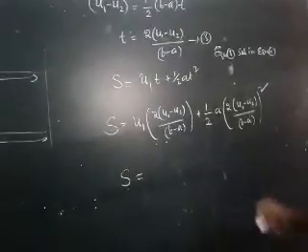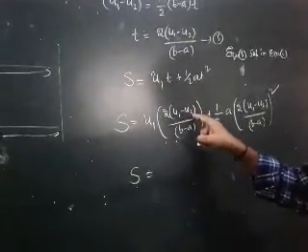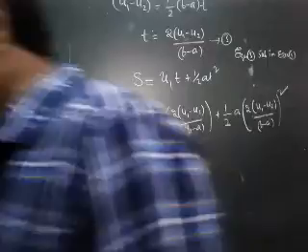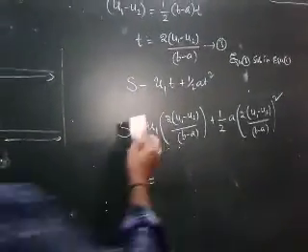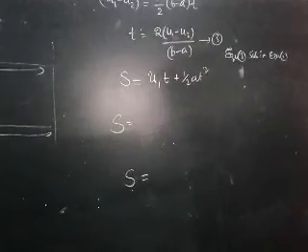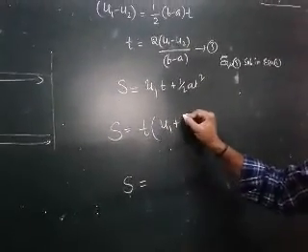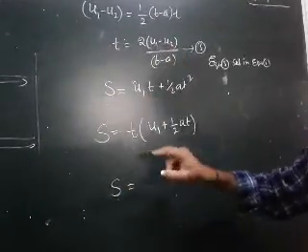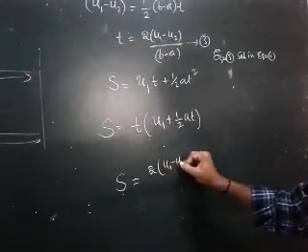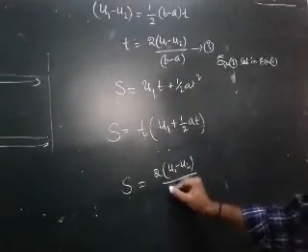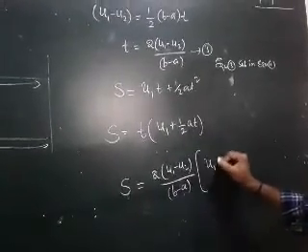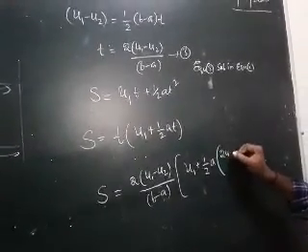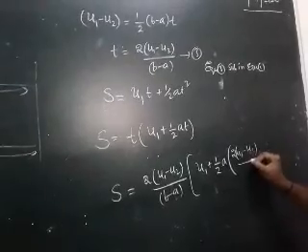Otherwise, take t common and you can simplify directly. The short method: take t common, u1 plus half into a into t. Substitute the t value directly, 2 into u1 minus u2 divided by b minus a, into u1 plus half into a into 2 into u1 minus u2 by b minus a.